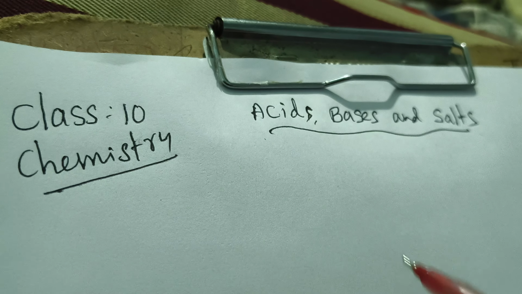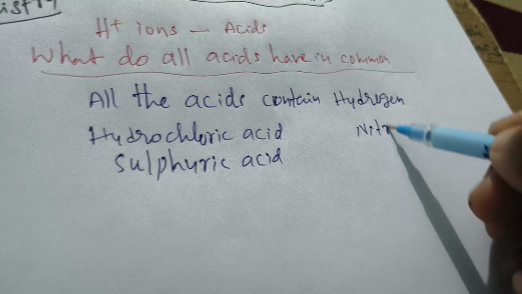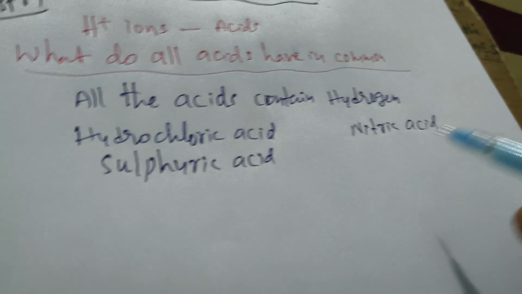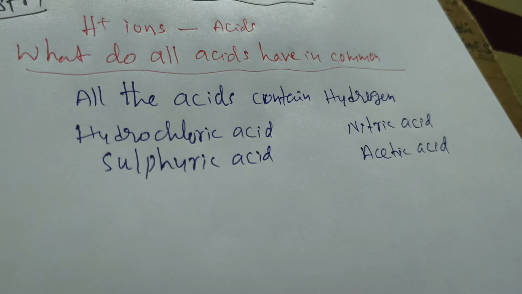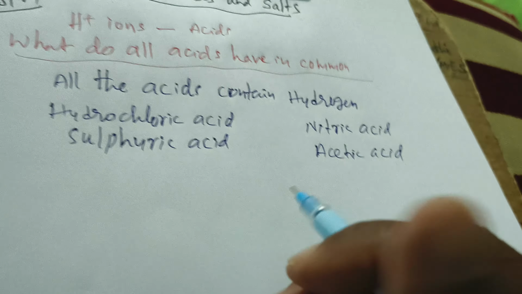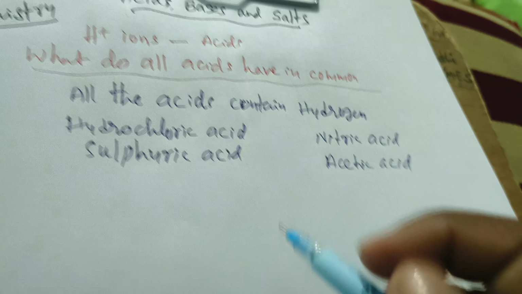For example, hydrochloric acid, sulfuric acid, nitric acid, acetic acid. These are some examples we know for acids. The formula of hydrochloric acid is HCl.